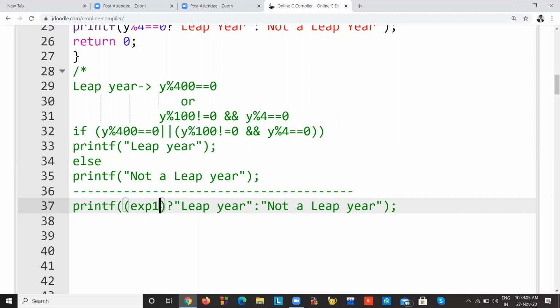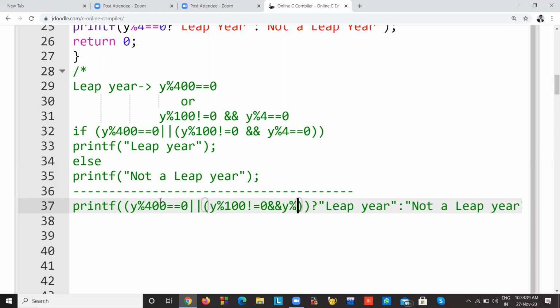Now expression 1 is a test condition. What do we write as the test condition? The year mod 400 equals 0, or, okay, here we have to use another parenthesis, because there are two conditions: year mod 100 not equals to 0 and year mod 4 equals to 0.